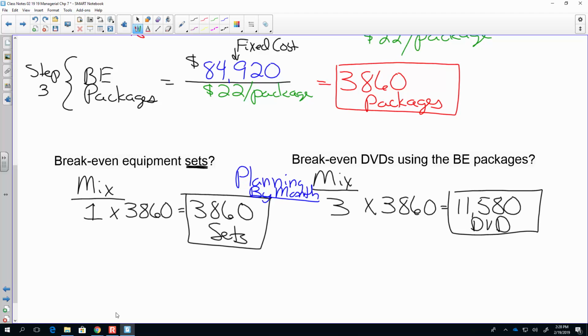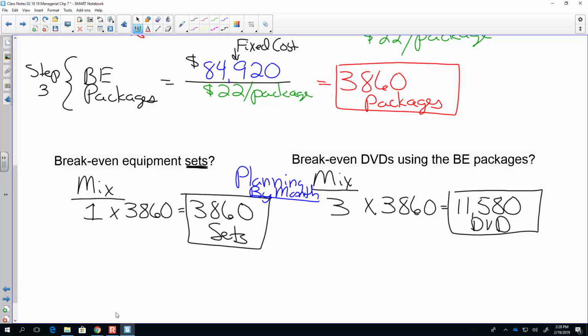If I take 3,860 divided by 12, 321 is my per monthly amount. So if I only sell 200 in the month of February because of the weather, what's my plan for March then? Better start selling some more to catch up, right? 320 is my break even on these.